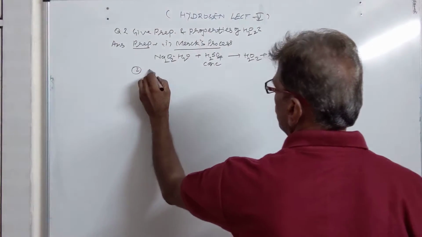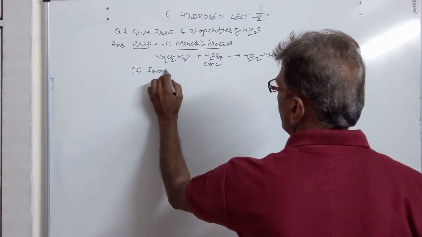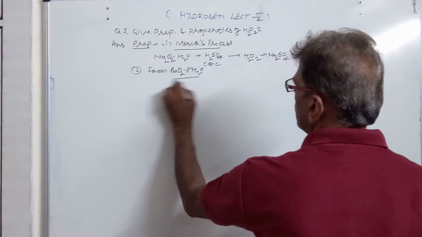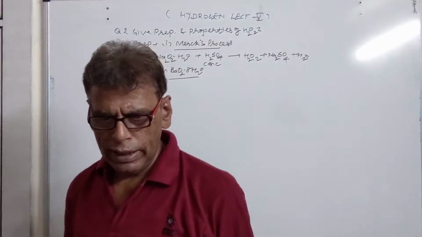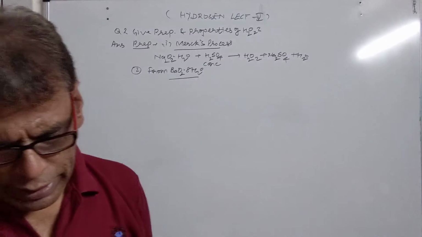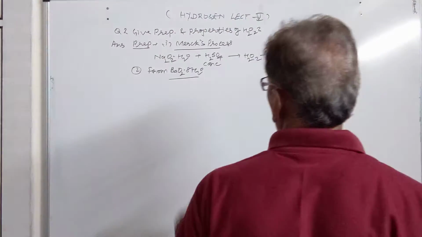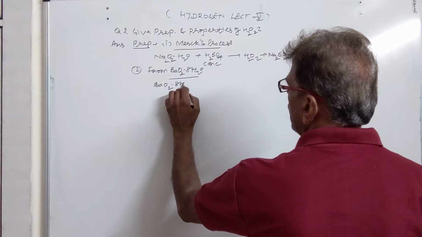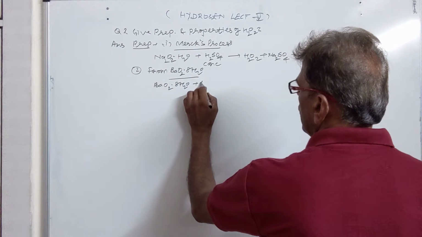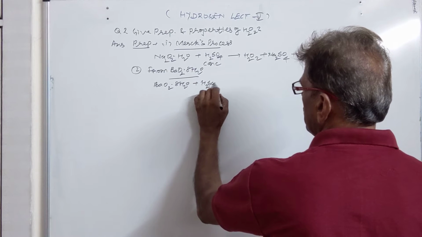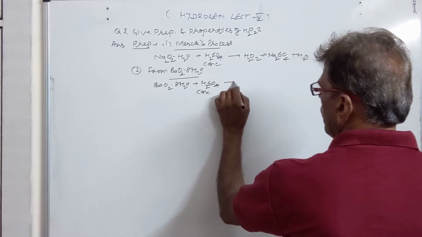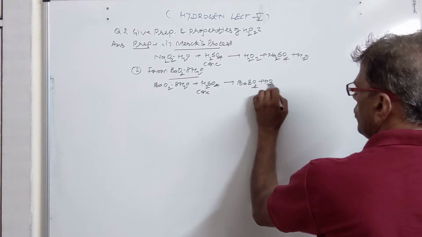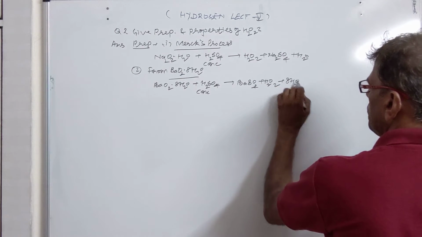Second is from barium peroxide. Barium peroxide octahydrate reacts with concentrated H2SO4 to give us barium sulfate plus H2O2 plus 8 water.